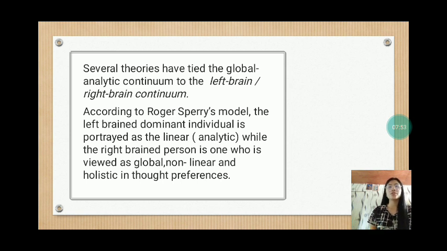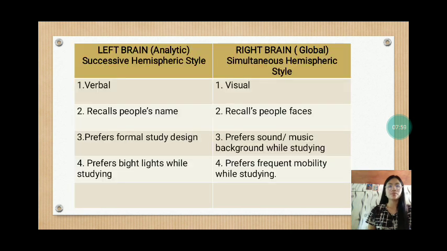To understand more about the analytic and global continuum, here is a comparison below. As you can see, we have the left brain, or analytic, or what we call the successive hemispheric style, and the right brain, which is the global or simultaneous hemispheric style.